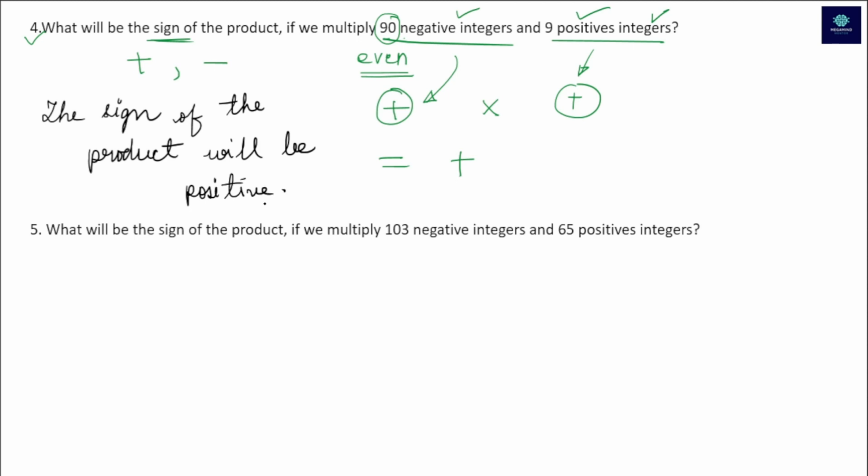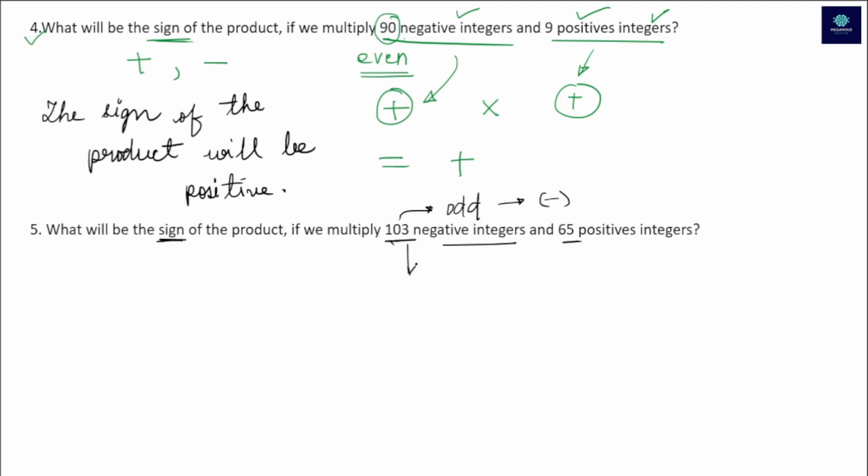Coming to question number 5, what will be the sign of the product? Again, we have to just tell the sign, if we multiply 103 negative integers with 65 positive integers. Now when we multiply 103 negative integers, 103 is an odd number, and we know that when we multiply a negative integer an odd number of times, the final product will have a minus sign with it, or it will be a negative product, right?